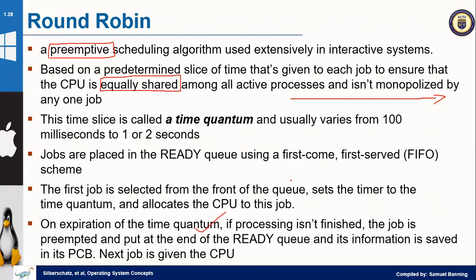This is called the round robin algorithm, and it is suitable for the interactive system. This is what I have always been talking about. When I say that the CPU is divided over time and each one is given a slot on the CPU.